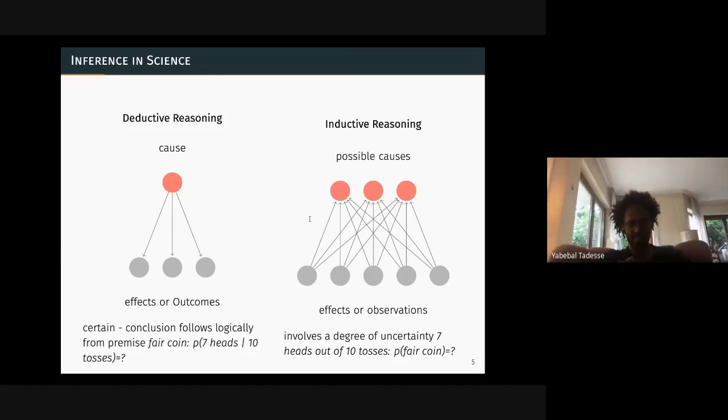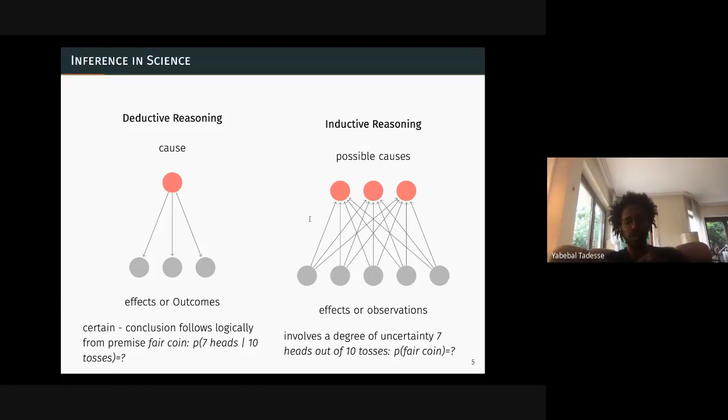That's deductive reasoning. Inductive reasoning, which is what most of science is about, is that you don't have one cause, but you have many possible causes, and then you get certain outcomes.